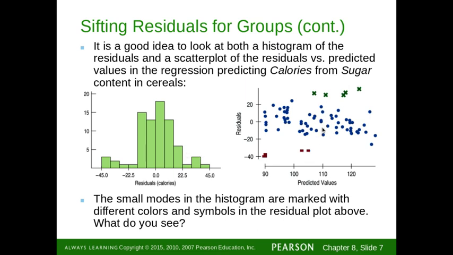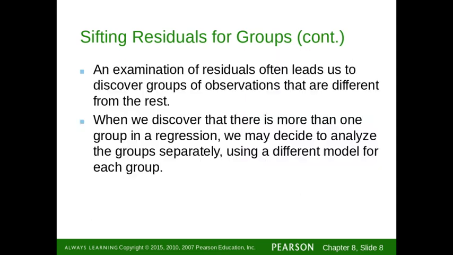And then this right here is the scatter plot of the residuals with regards to the predicted values, okay? So the small modes in the histogram are marked with different colors and symbols in the residual plot above. What do you see is what they're saying. Well, there's something there, right?